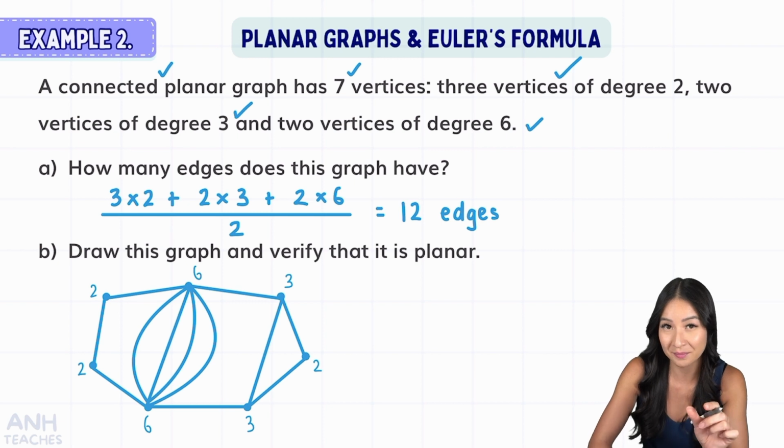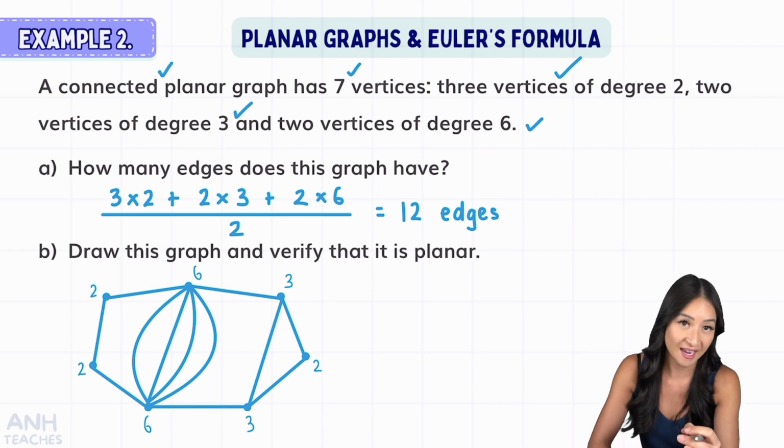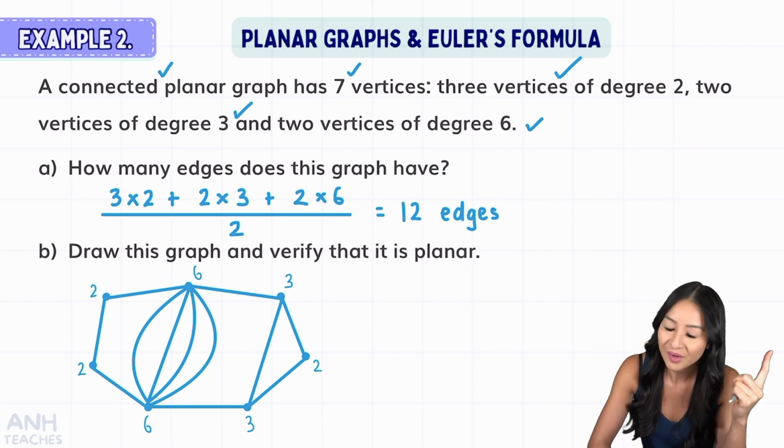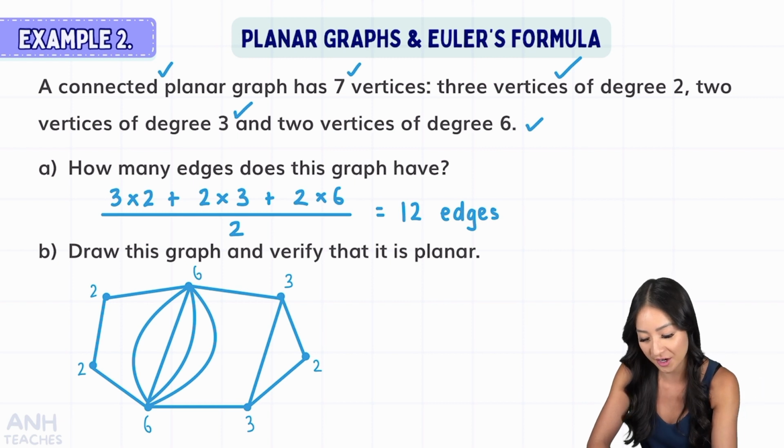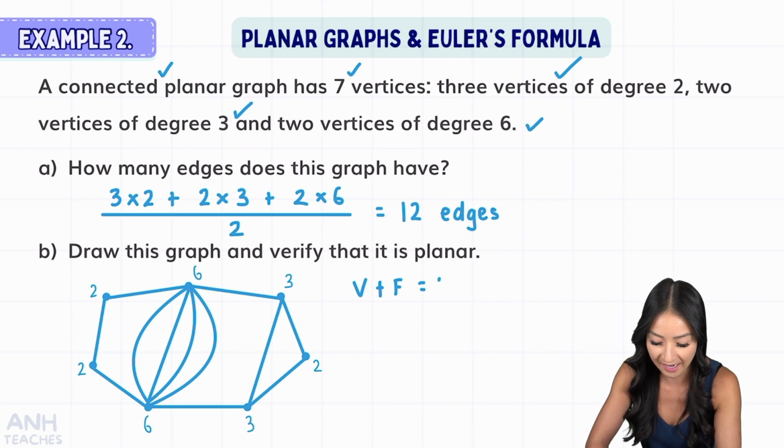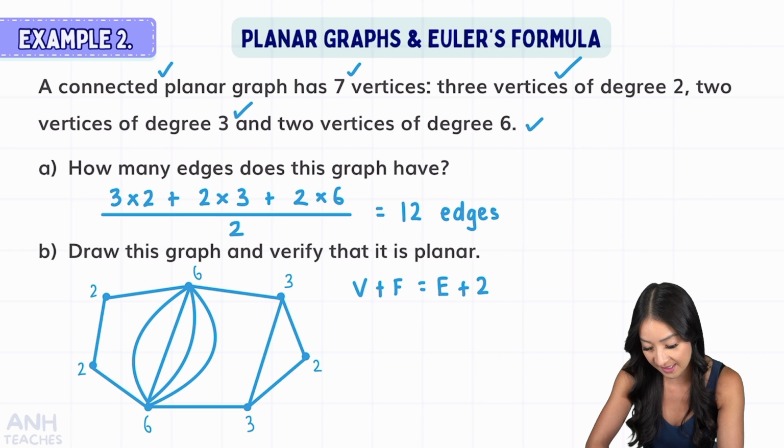And I can't forget about the second part of the question that asks me to verify that the graph is planar. Verification of a planar graph, Euler's formula straight away. So I've got V plus F equals E plus 2. Number of vertices is 7.